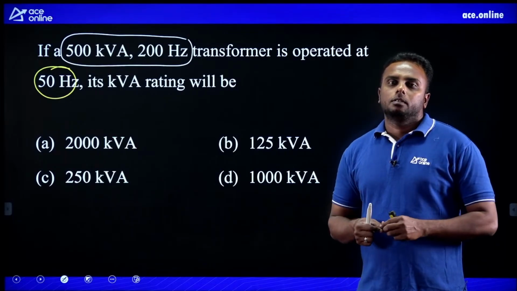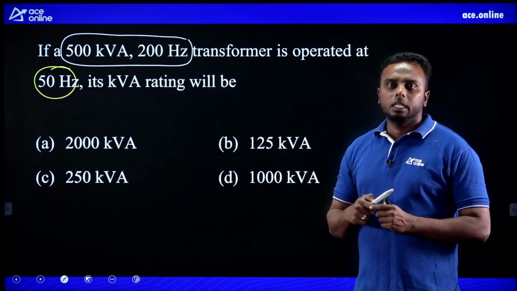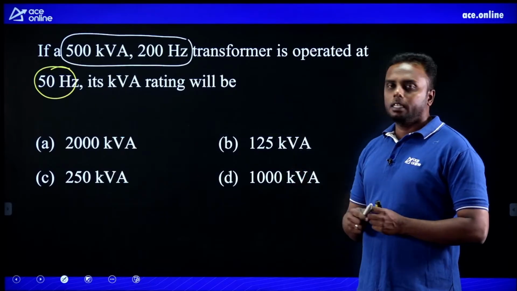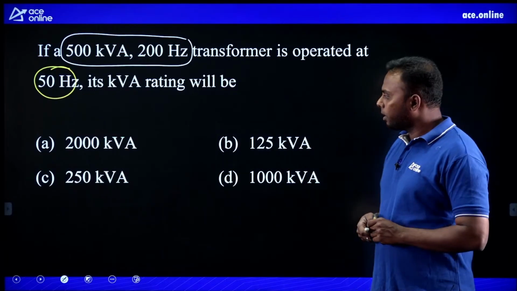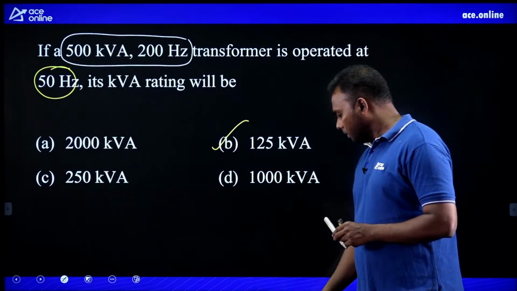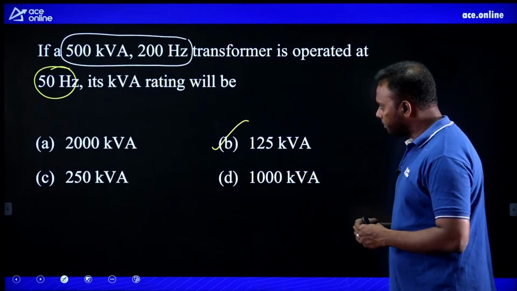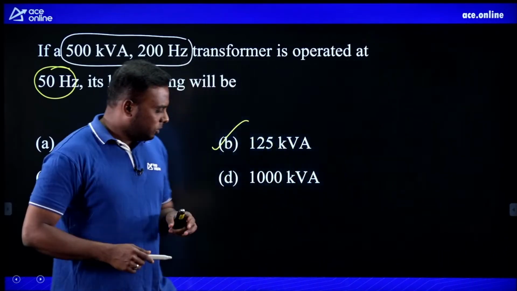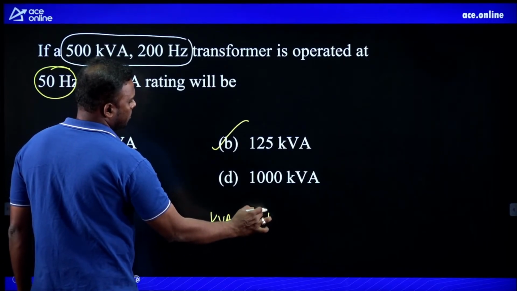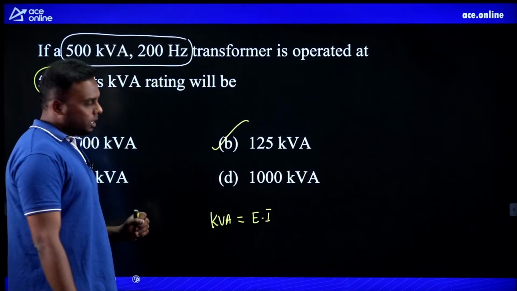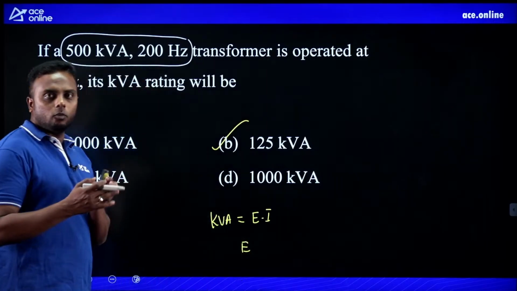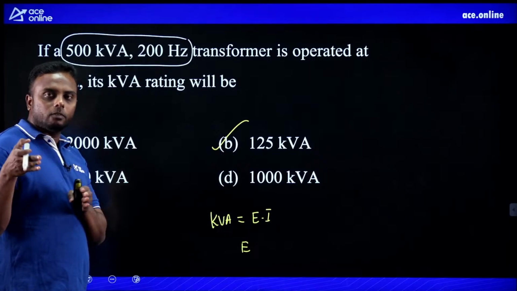Definitely it is reduced. 200 reduces to 50 hertz, which means 1/4. kVA also becomes 1/4. So 500 kVA initially; what is 1/4 of 500? 125. So 125 is the answer. Why? The kVA rating is the product of voltage and current, proportional to voltage and current, and the voltage or EMF of the windings is proportional to, in the equation 4.44 phi f N, the number of turns.